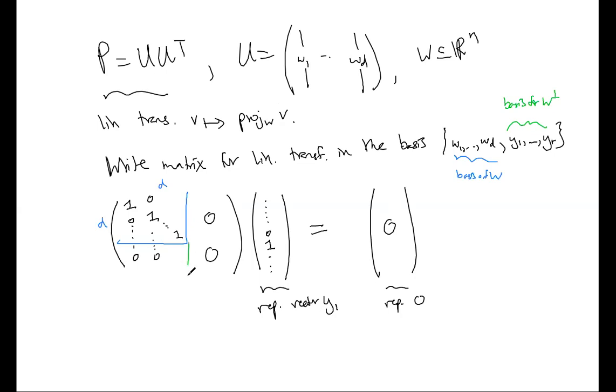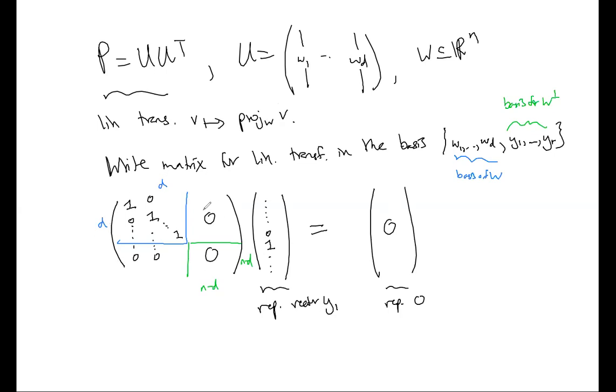So this is n minus d, n minus d. And we just diagonalized P. As we should get, we found all the eigenvalues and eigenvectors, 1 and 0.